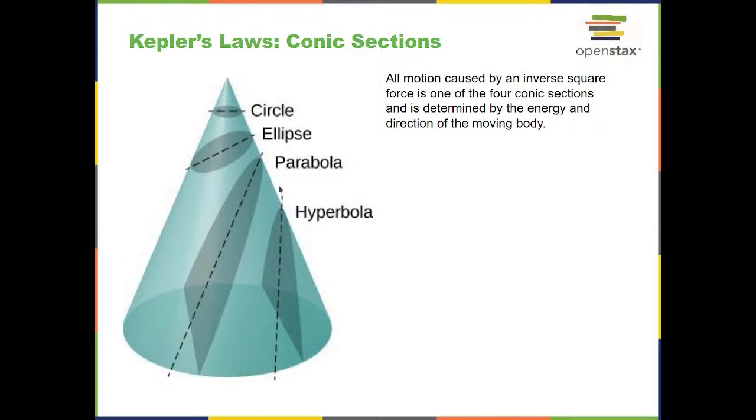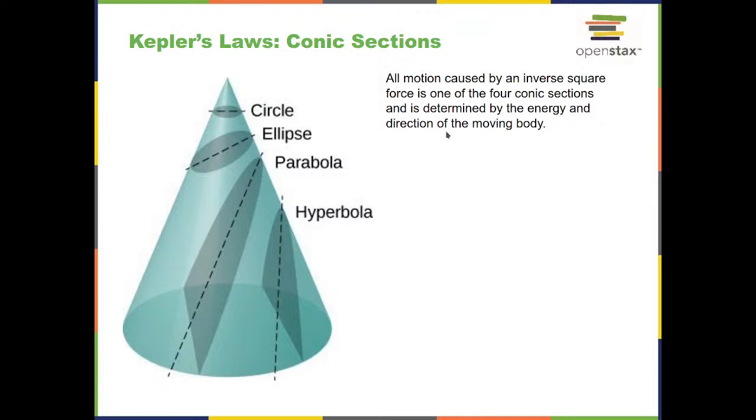And if the angle is even larger, then you can get hyperbolas. So those are the conic sections, the orbits that are described by any inverse square law force.